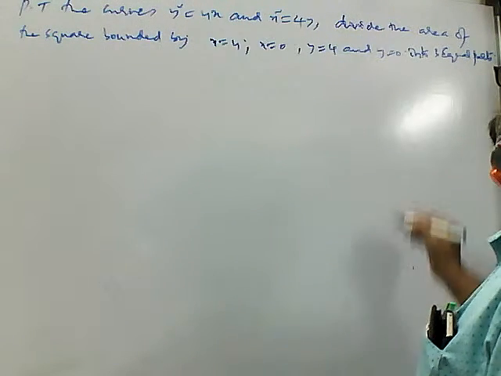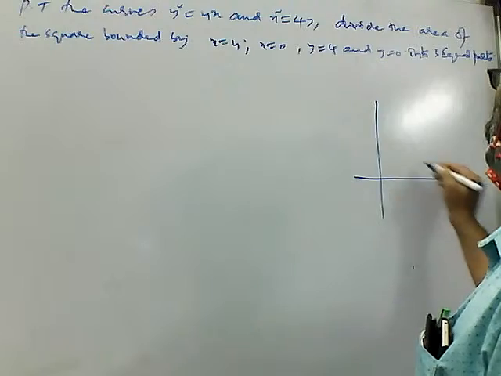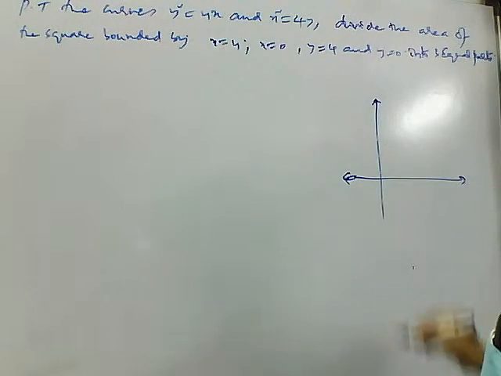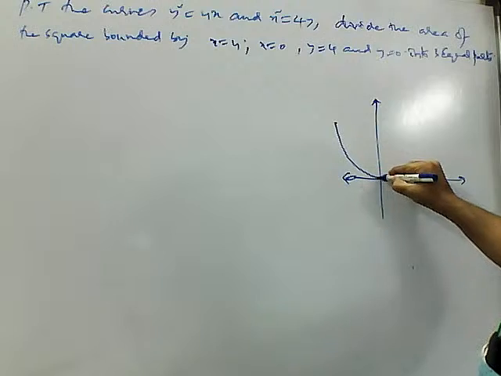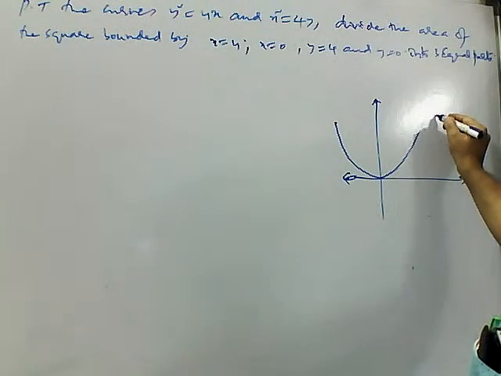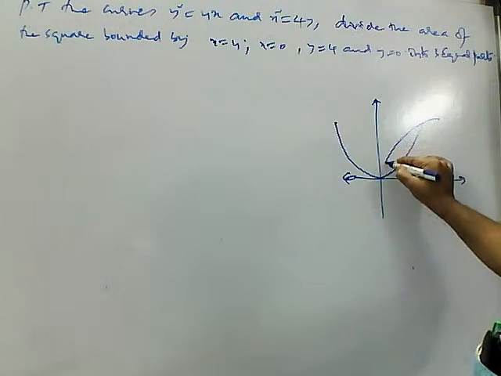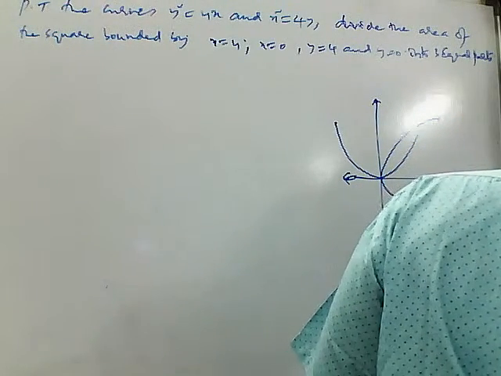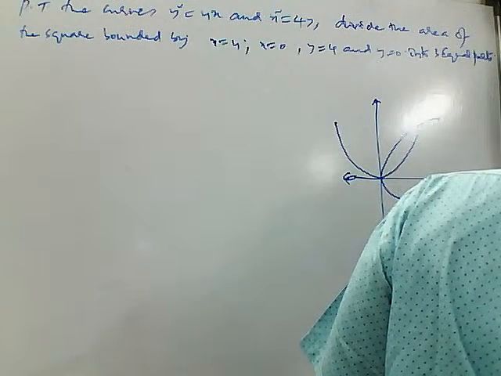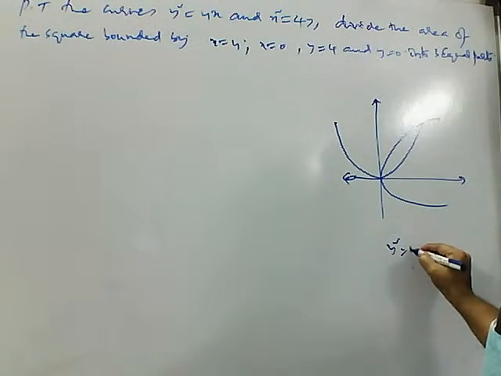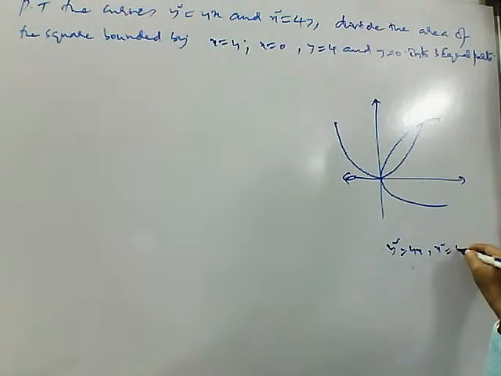Now, first you have to trace the curves. x square equal to 4y, this is the curve. And y square is equal to 4x, this is the curve. Now solve y square is equal to 4x and x square is equal to 4y.